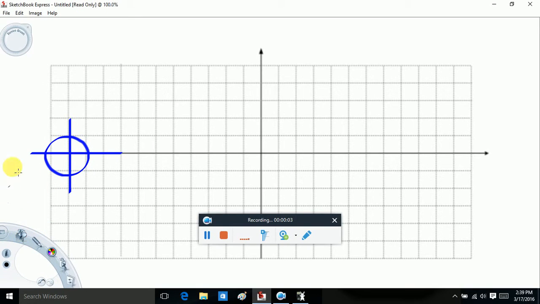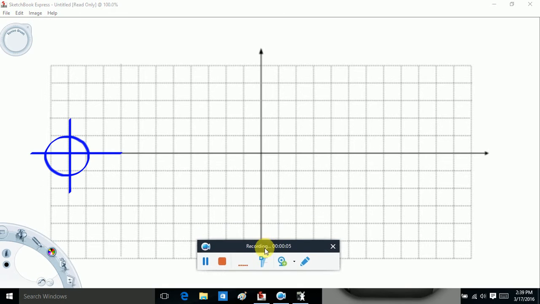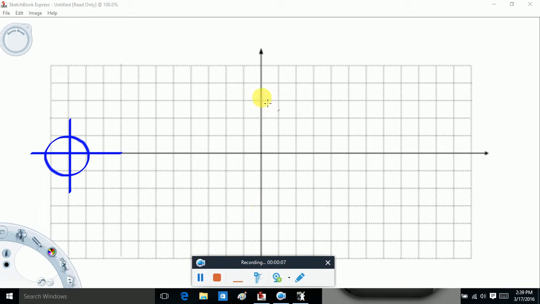Now we're going to talk about the cosine function. So cosine, if you look at the unit circle at 0, the cosine function reaches its maximum value.